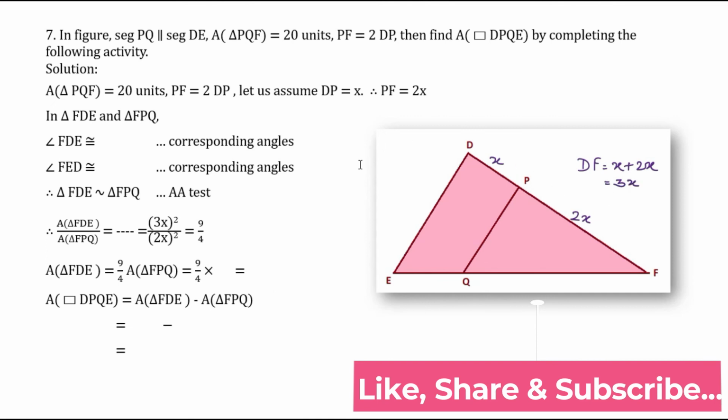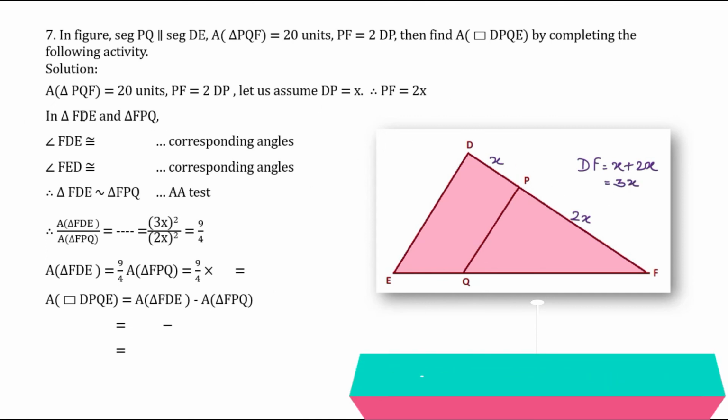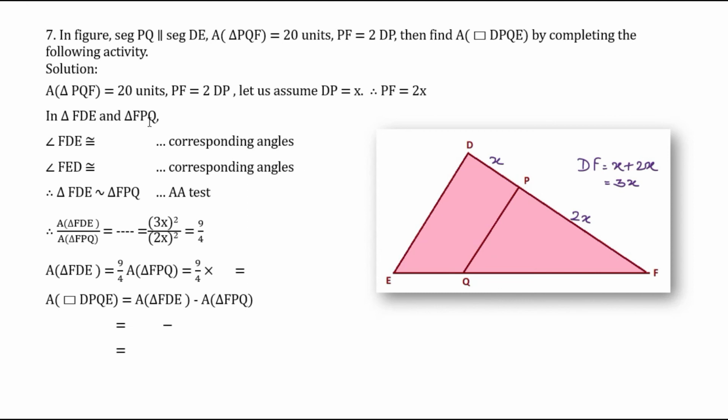Okay. Next, in triangles FDE and FPQ, FDE is the bigger one and FPQ is the smaller one.